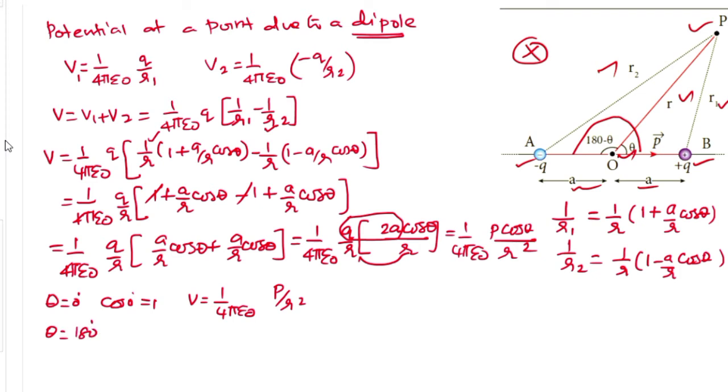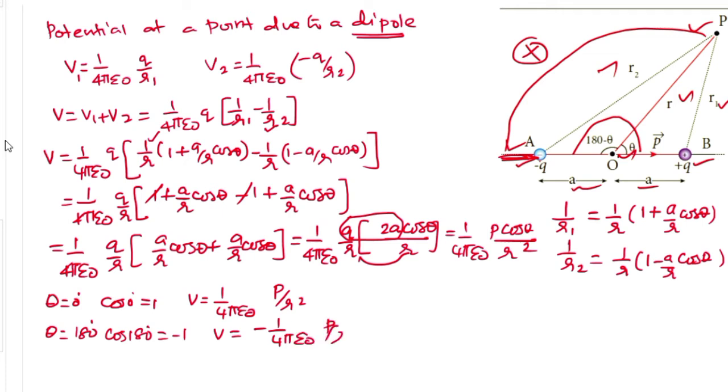That means when the point P is here, nearby the negative charge along the axis, theta is 180. So cos 180 is equal to minus 1. Therefore V is equal to minus 1 by 4 pi epsilon 0 into p by r square.